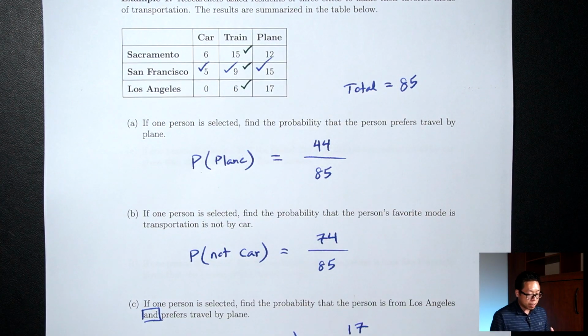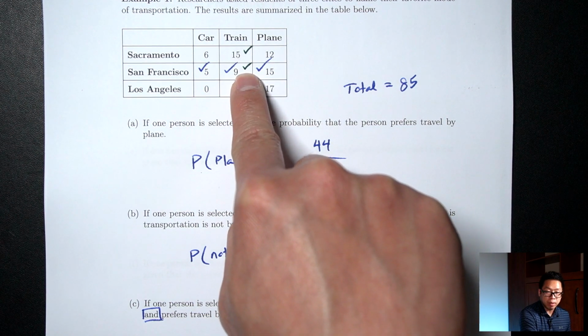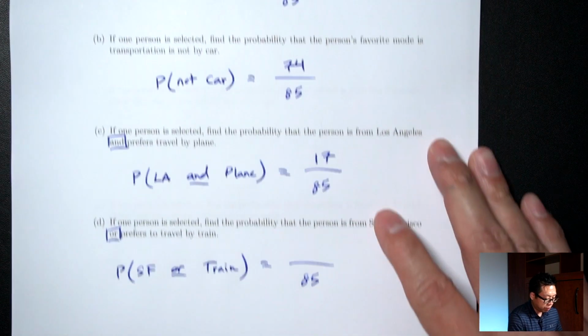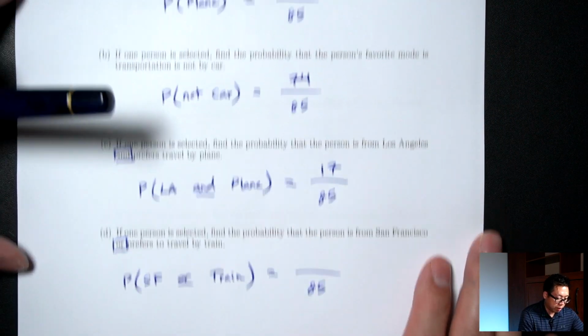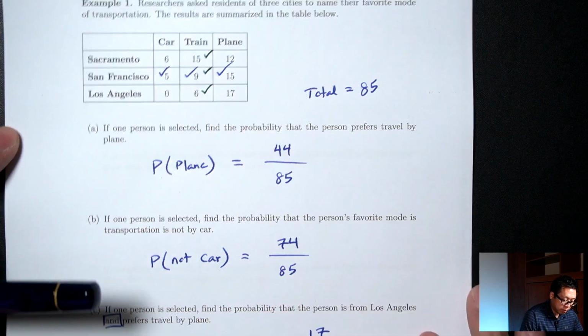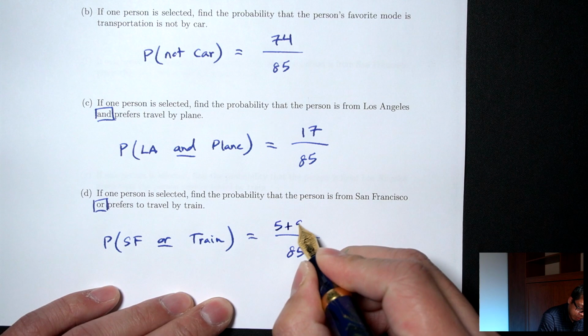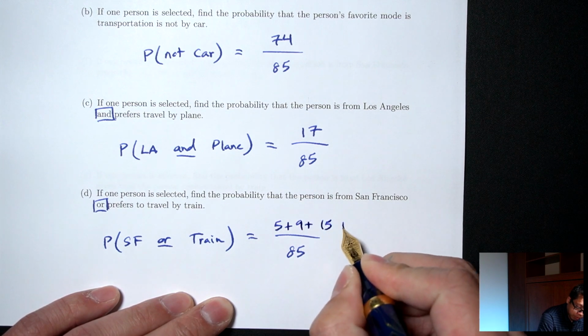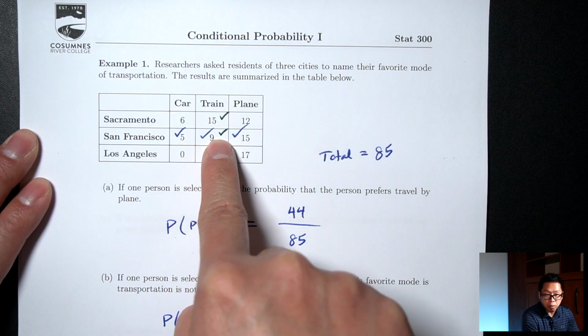And then when you add these things up, be careful not to count the 9 twice. So the way I usually do this is I'll just take all my San Francisco numbers first, which would be the 5, the 9, and 15. And then I'm going to add on the train numbers, but I'm not going to include the number that I already counted when I counted the San Francisco numbers.